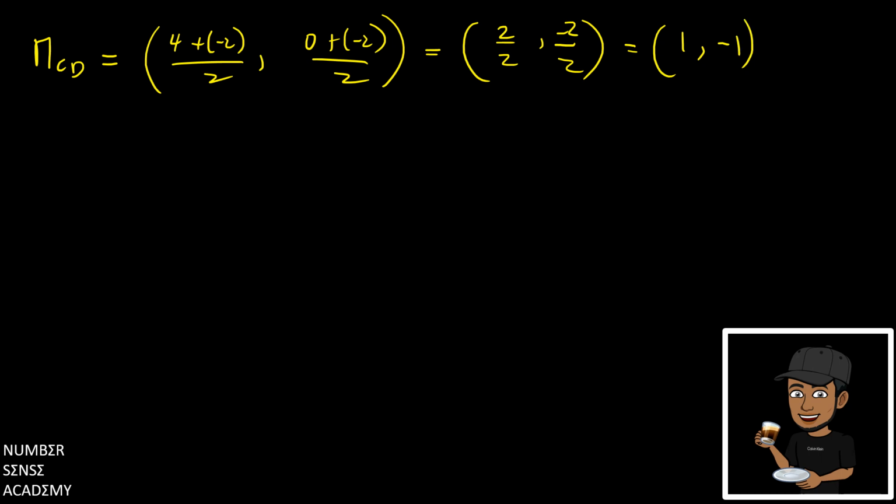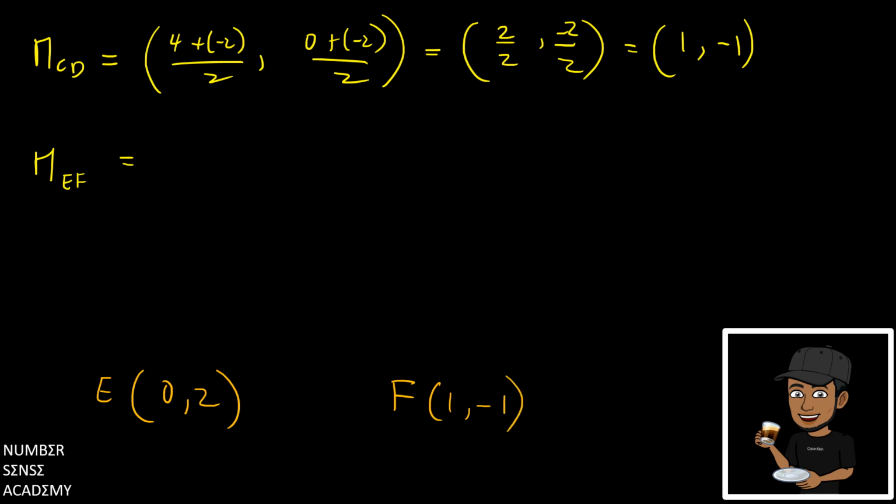So we want to find the midpoint of EF. If you recall that the points are, they are 0, 2. This is E. And F, which is the midpoint of CD, is 1, -1.